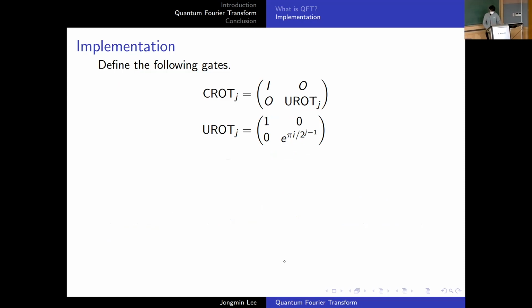If we check that qj is 0, then it works as an identity matrix, but if the qj term is 1, then it works as a U rotate gate, which gives phase shifting on the ket 1.